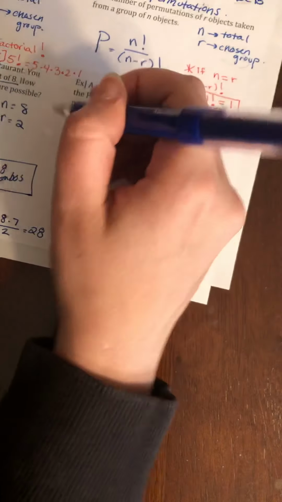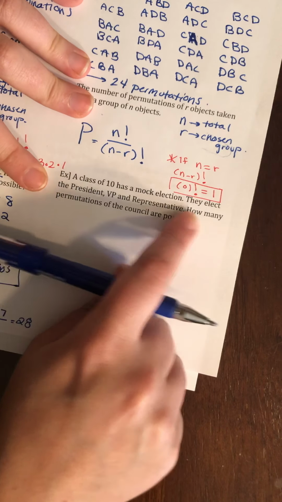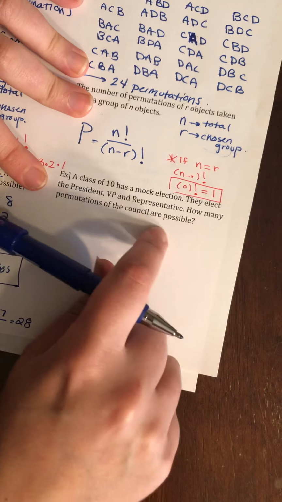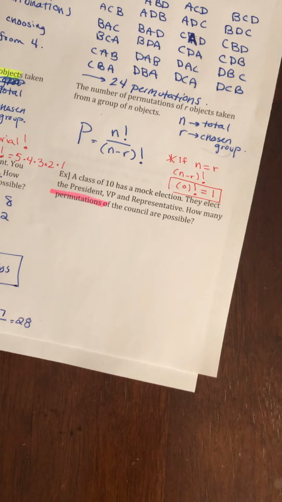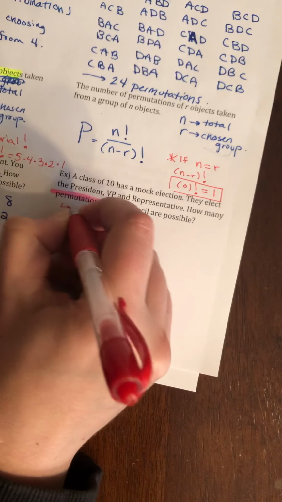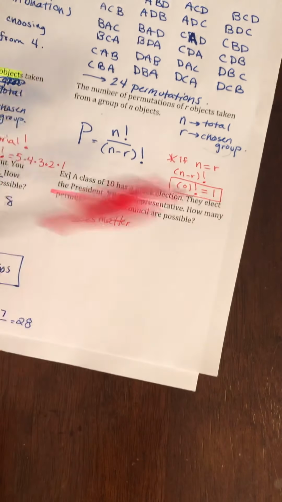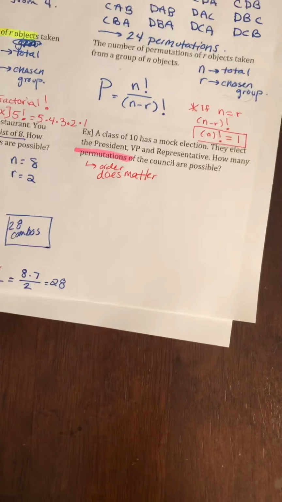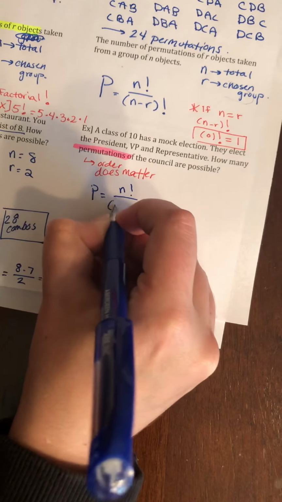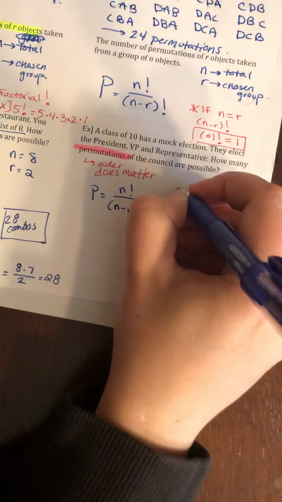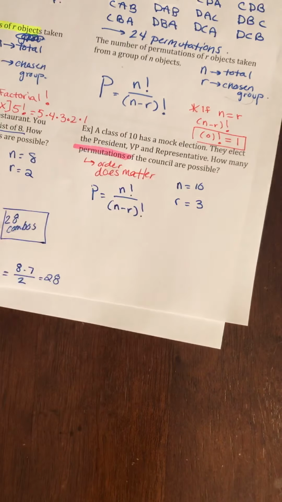Now let's try a permutation. A class of 10 has a mock election. They elect a president, vice president, and representative. How many permutations? It's permutations now because order does matter. Whether someone is chosen as the president or the representative does affect it. So permutations, that's N factorial over N minus R factorial. I have 10 total, and I'm choosing 3: president, vice president, representative.